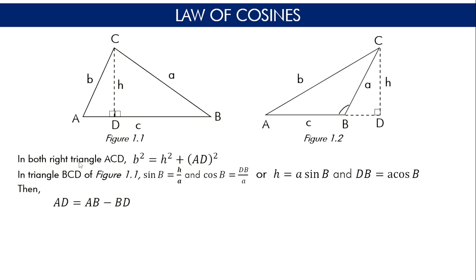We can say that AD is equal to the difference of the length of AB and the length of BD.